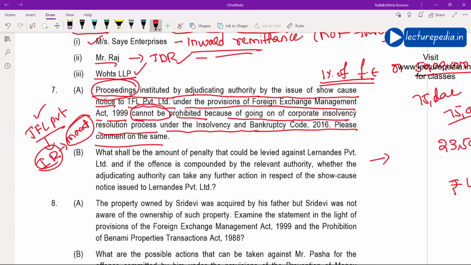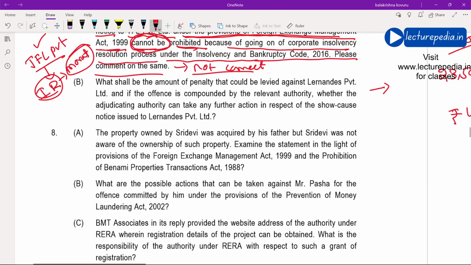Thereby, this statement is not correct. In the statement he says that proceedings under the Foreign Exchange Management Act 1999 cannot be prohibited due to moratorium. It is not correct. Proceedings under FEMA can be prohibited since there is a moratorium. Hope that is clear.